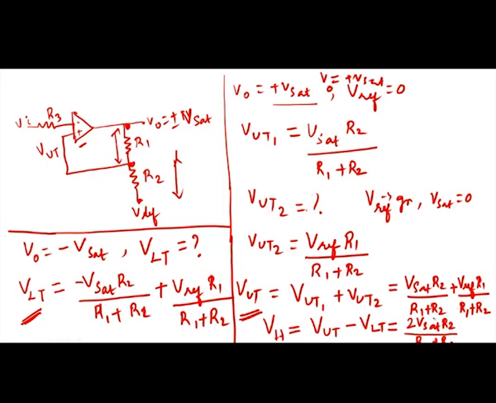So, it will be added up and it is 2 V saturation into R2 by R1 plus R2. This is the hysteresis voltage, and this is one of the advantages of this regenerative comparator. You have a hysteresis produced in the circuit by introducing these threshold voltages, by introducing a positive feedback to the positive terminal.